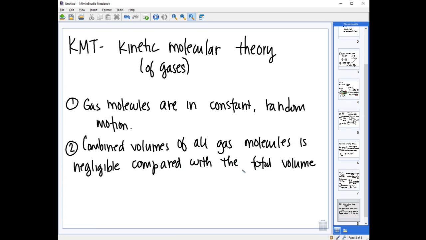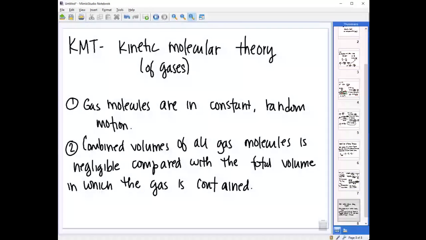So let me explain what that means. We know gases expand to fill their container. We talked about that last time. Whether we're talking about a box that's the size of your hand, or an entire building, gases expand. So if we have this tiny little amount of gas, it can fill the entire container.